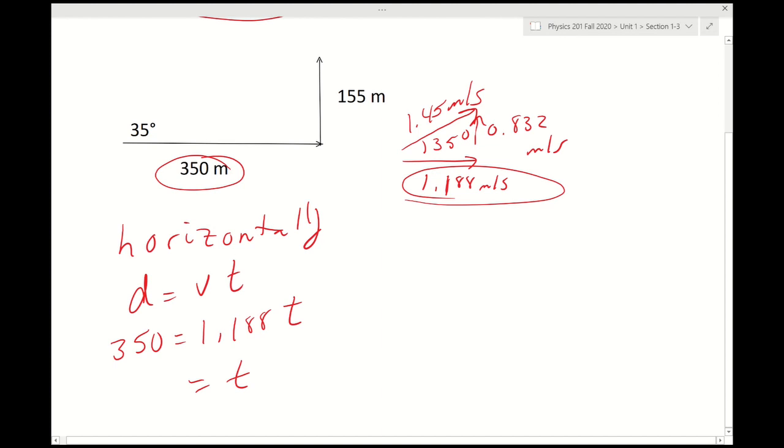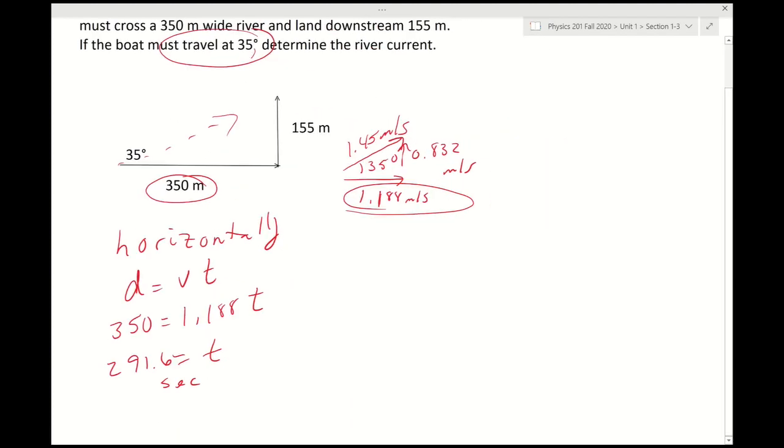So if it takes 291.6 seconds to travel 350 meters, it's going to take the same amount of time to travel 155 meters downstream. Now we don't know what the current is. I'm going to say vertically. That's simply based on my drawing. It's really a downstream direction.